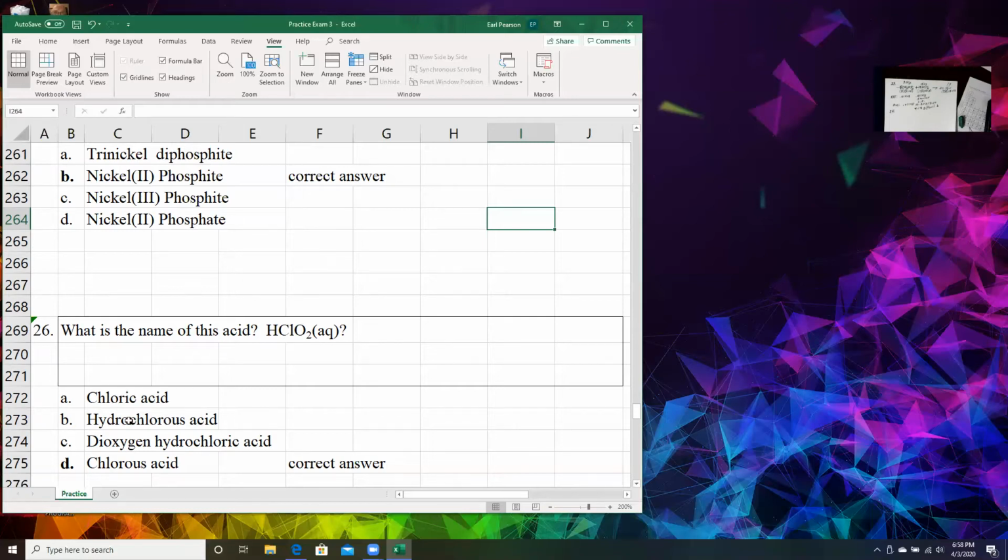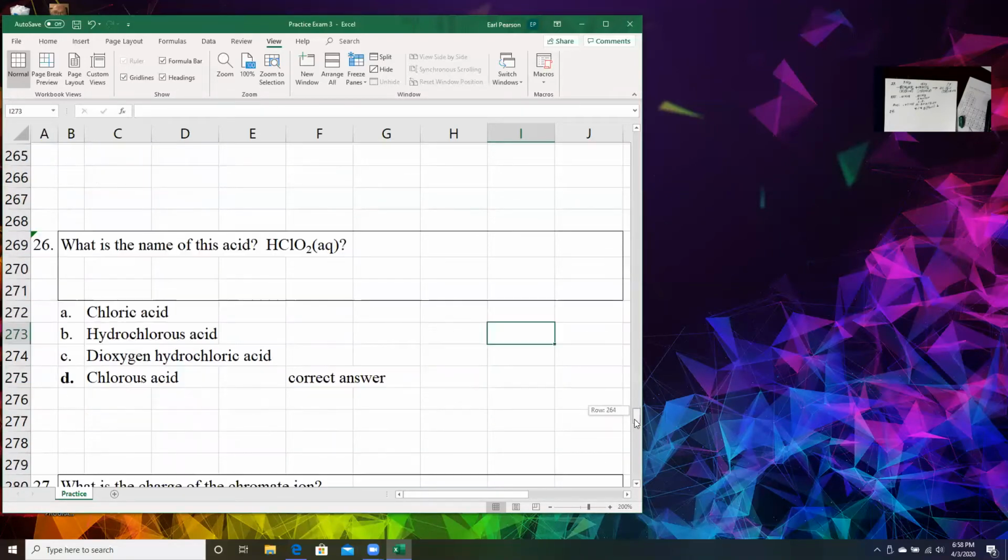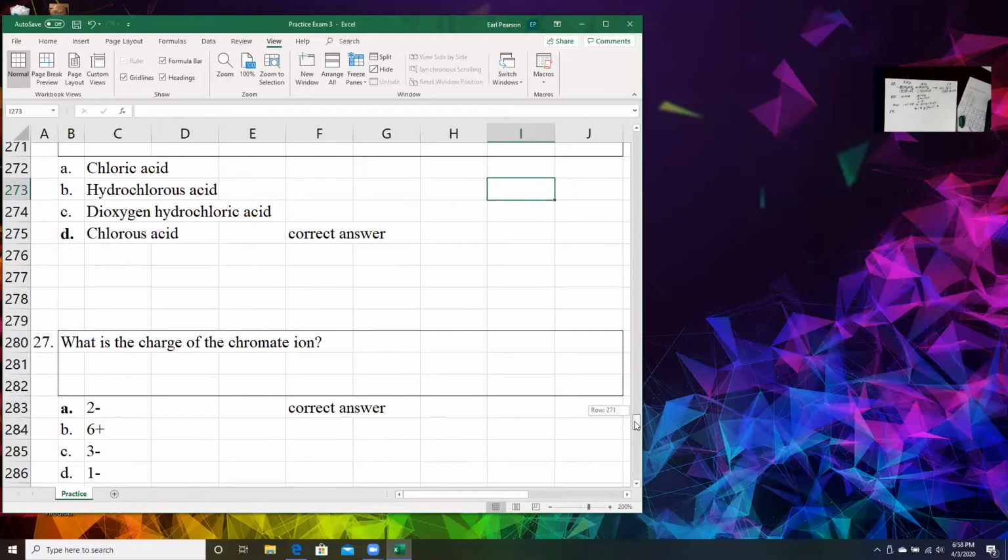It's not hydrochlorous acid. There is no such thing as hydrochlorous acid. There's a hydrochloric acid, but there is no hydrochlorous acid. And it can't be dioxygen hydrogen hydrochloric acid. I just made that up. There's nothing at all about that that's any good.